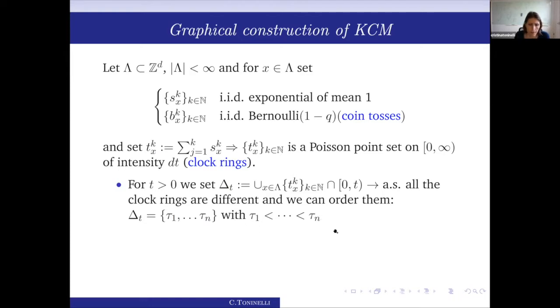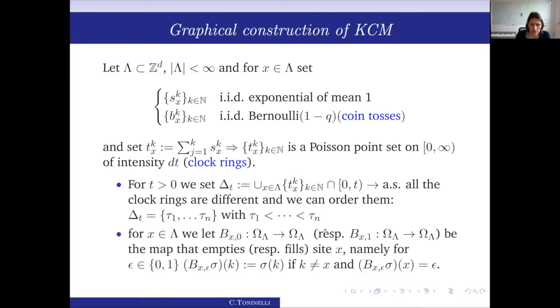so we can order them in increasing order. And then what I'm left with to have the graphical construction is to define an operator, a map for each site, actually two maps. One map takes the configuration for site x.